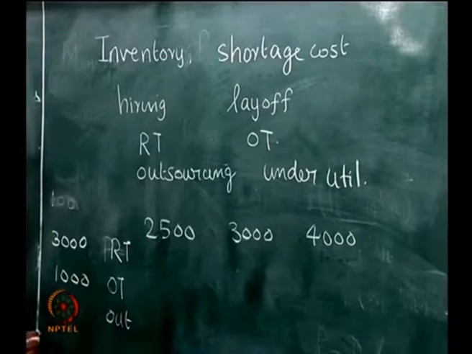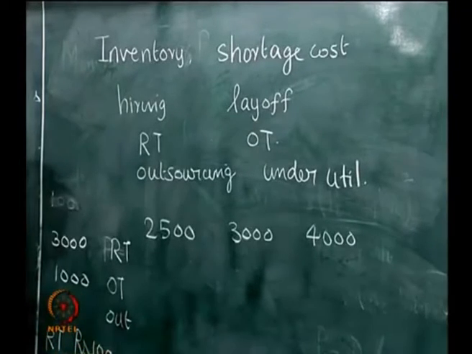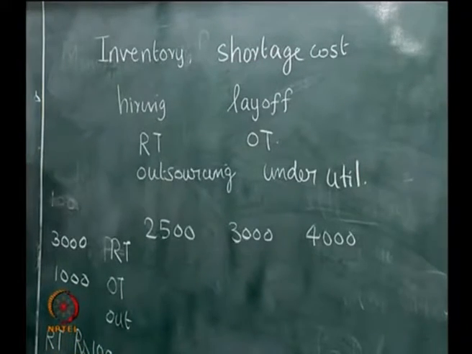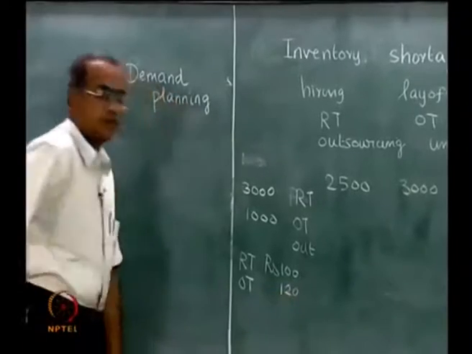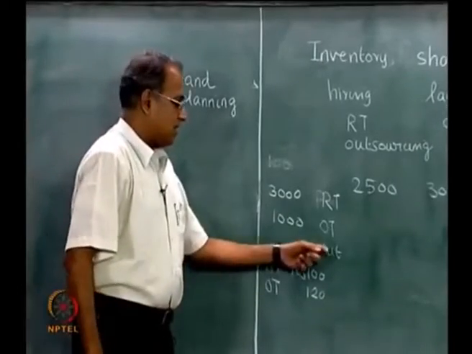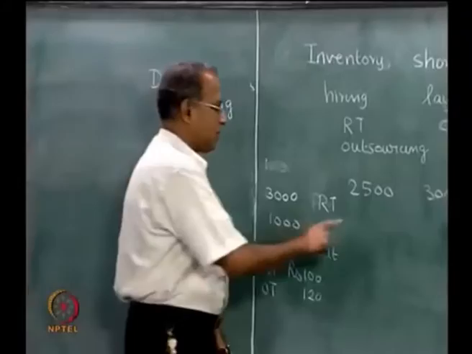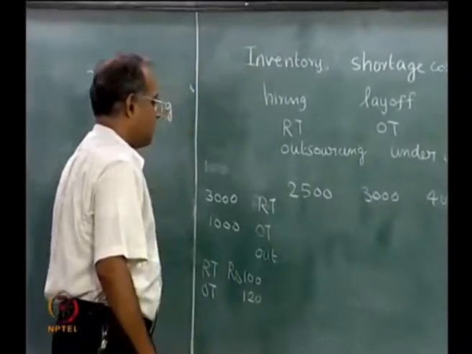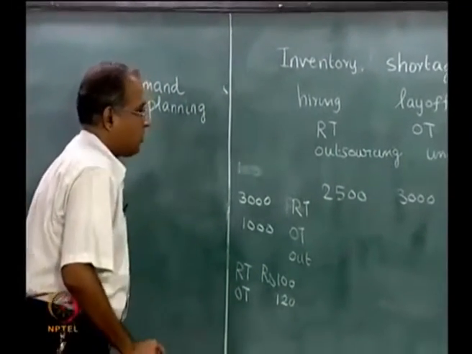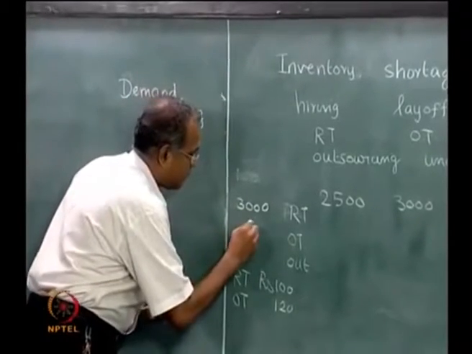We will say RT cost is 100, OT cost is 120, and outsourcing cost is higher than this. So, what we will do is we will have to try and meet the demand. Now, we will also assume here that the overtime capacity is 500.